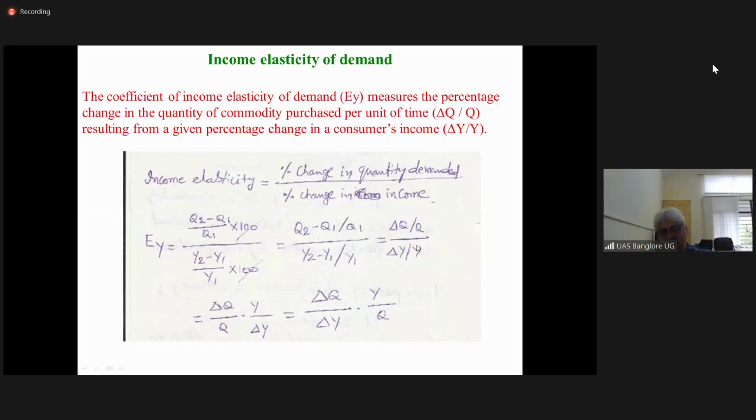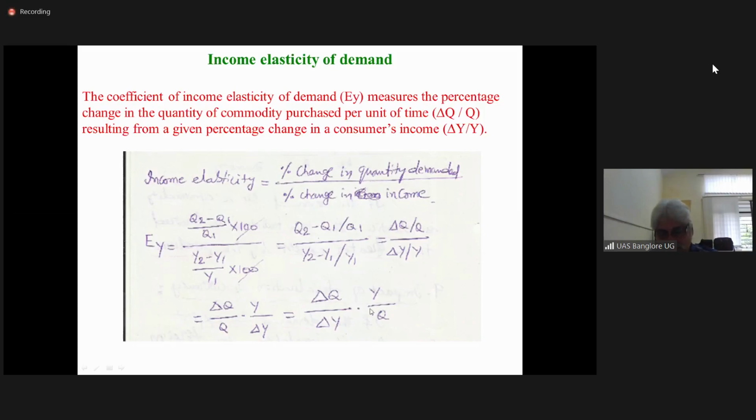So original income, that is Y1, we denote it with Y. So delta Q by Q, if you take it the other way, it becomes delta Q by Q into Y by delta Y. So it can be rearranged and written as delta Q by delta Y into Y by Q. The difference between price elasticity and income elasticity from the point of view of formula is delta Q by delta Y. There we used delta P, change in price, and original price.